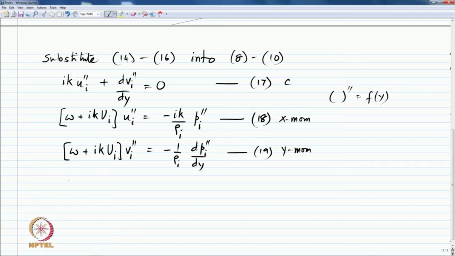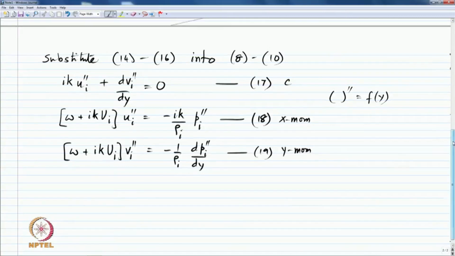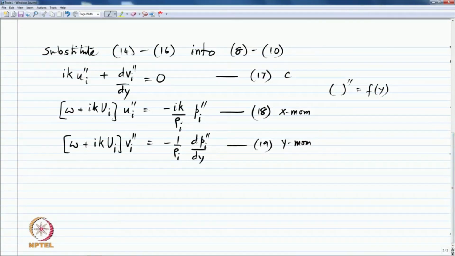So, from these equations we want to get a single ordinary differential equation, if we can, for p i double prime by eliminating u i double prime and v i double prime. So, let us see what that process looks like.